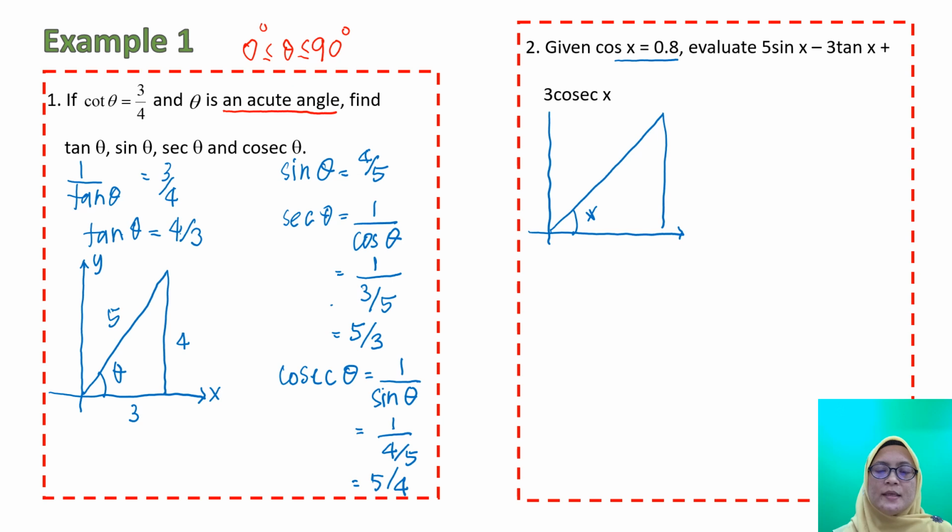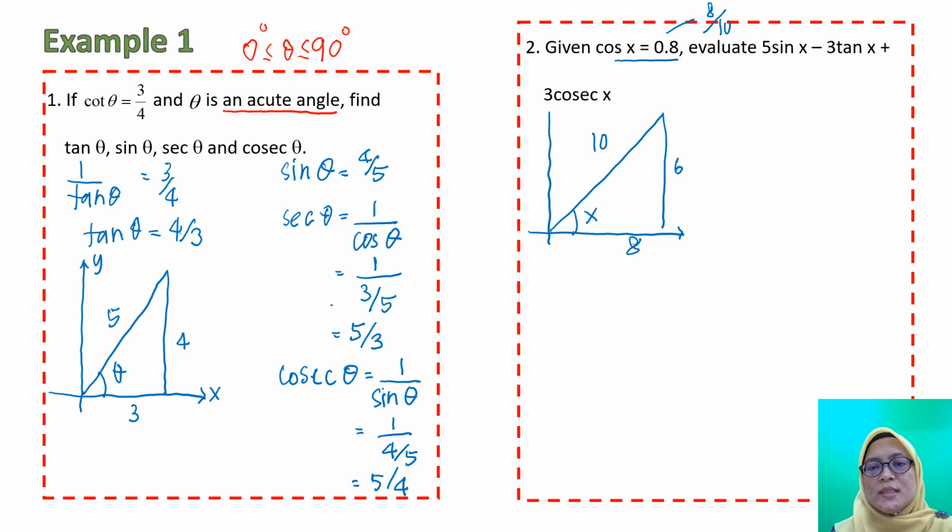So this is x. 0.8 is 8/10. Cos is adjacent over hypotenuse, so 8/10. Then opposite, by using Pythagoras theorem, we get opposite is 6.